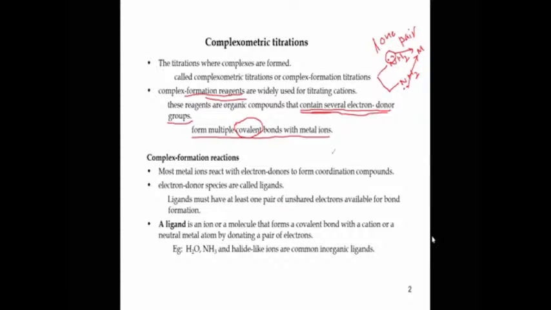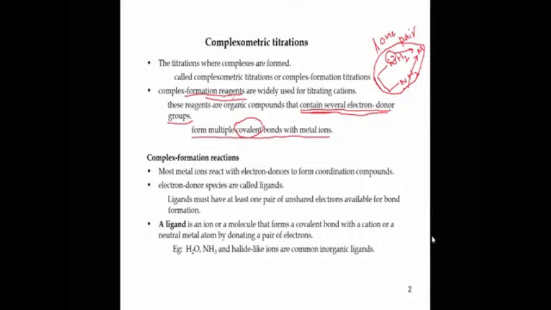So then the complex formation reactions, right? It's very important that the metal ion reacts with electron donors to form coordination compounds.